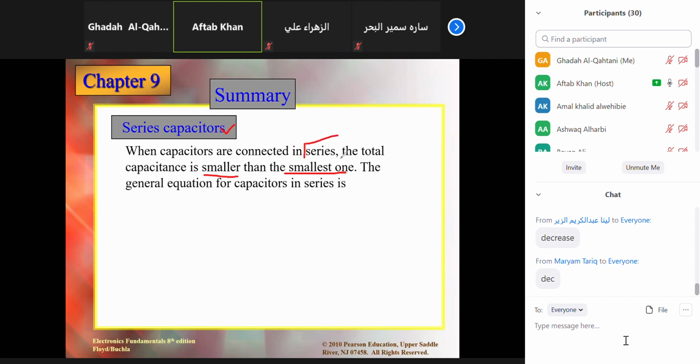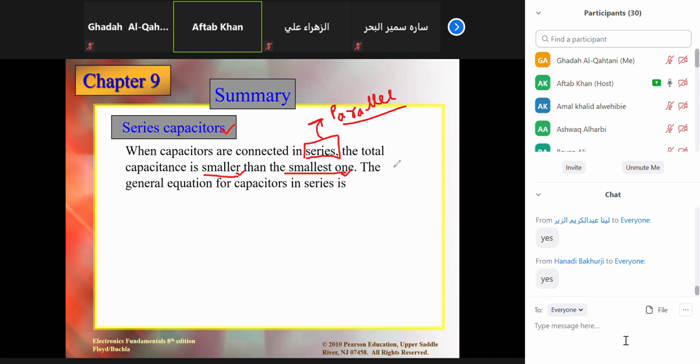So this is series, where the total is smaller than the smallest one. What you learned for resistance, here you need to think opposite.